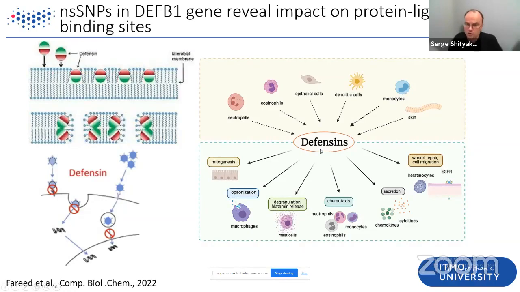They're also important to protect us from bacteria because they interact with some lipids in the bacterial cell wall, and by doing this, they cause bacterial death.